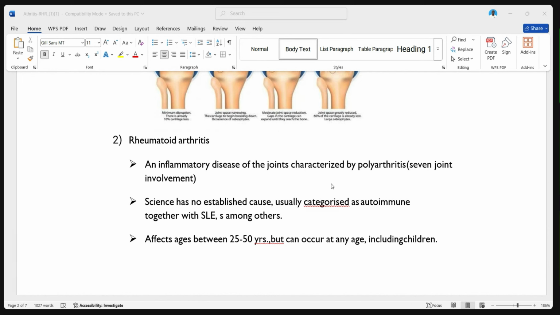I'm forgetting the name. Kama nimesahau, nitakumbuka niwaambie. CCP. Just a minute. Inaitwa anti-citrullinated protein antibody.